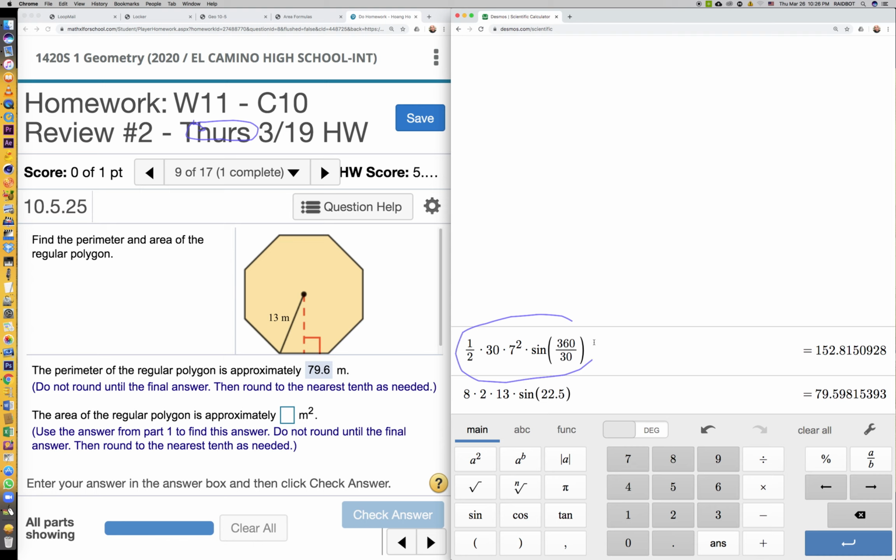But all I need to do is modify the number of sides, which is not 30 anymore, octagon, which is 8. So let's go and change it to 8. And then go here, change to 8. Okay. And the radius is 13 now, so I go to 7 over here, I change to 13.